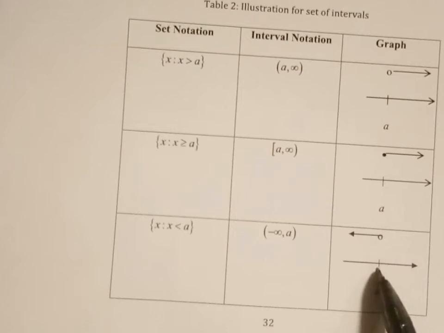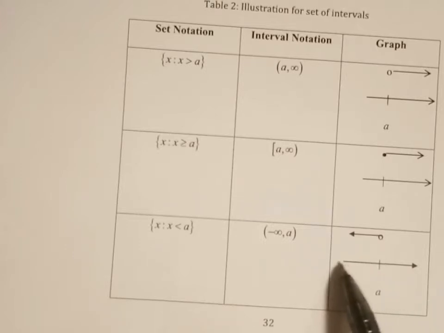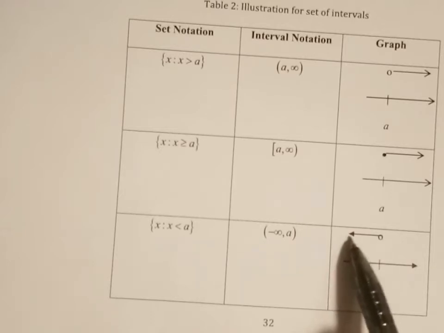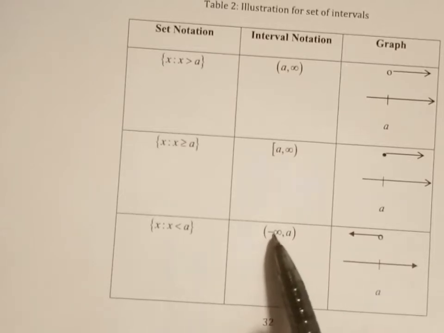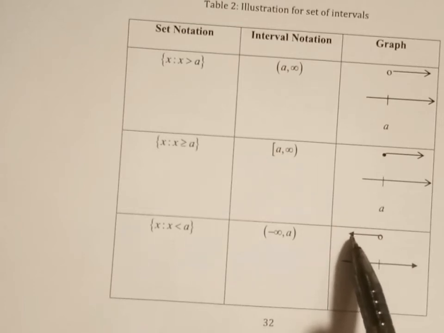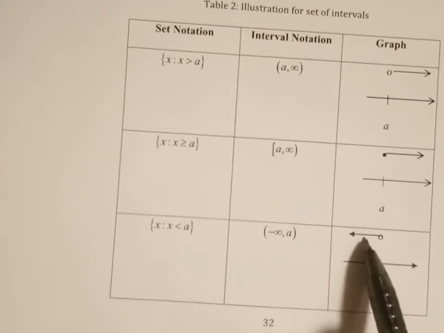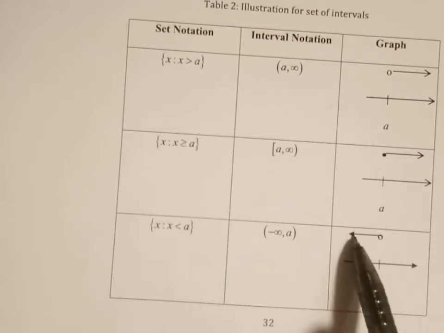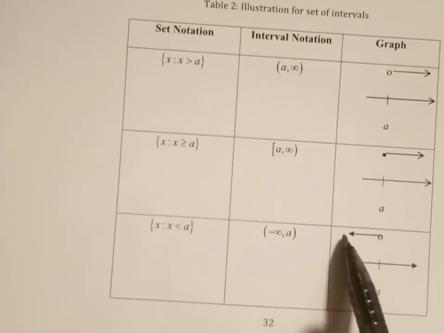On the graph notation, starting from A, A is the largest, meaning that the smallest values of x are on the left side, from minus infinity. So we have small values less than A on the left side, and the arrow goes to minus infinity.